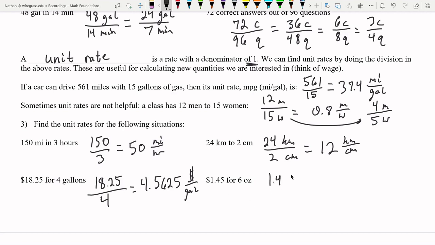And then $1.45 for 6 ounces is going to be 0.24, and then 16 repeating. I'll just write it as 0.24. This one should also actually have been approximately equal to $4.56 per gallon, since we're talking about a dollar amount here, rounding to two places. The same thing here is going to be dollars per ounce. This, of course, is the unit rate, maybe for an onion or something like that.